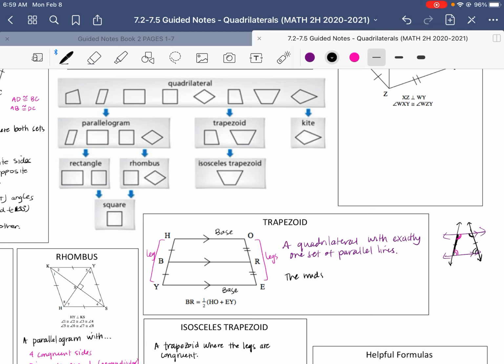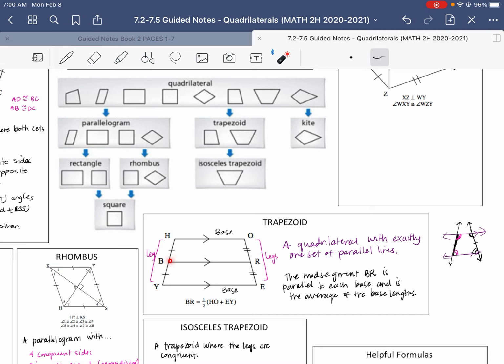And the mid-segment, and I'll write this out, in this case mid-segment B to R, is actually parallel to each base, and is actually the average of the base lengths. So let's take a look at that.